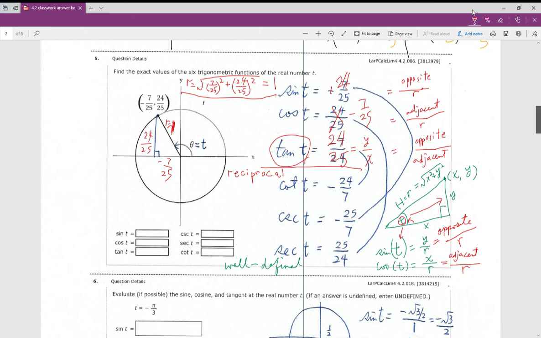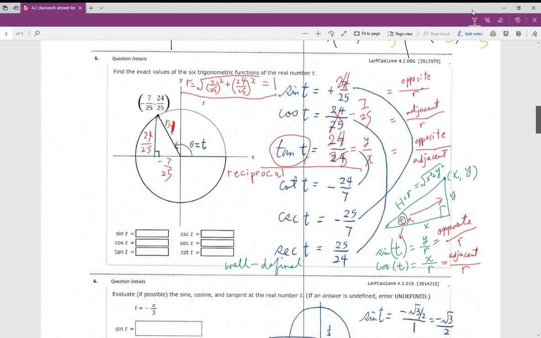Okay, I made a mistake here. 24/25. Wow. Yeah, y/x. Yes. Okay. Sine is the y value. Yes. Okay. Now I don't understand why I made a mistake here.